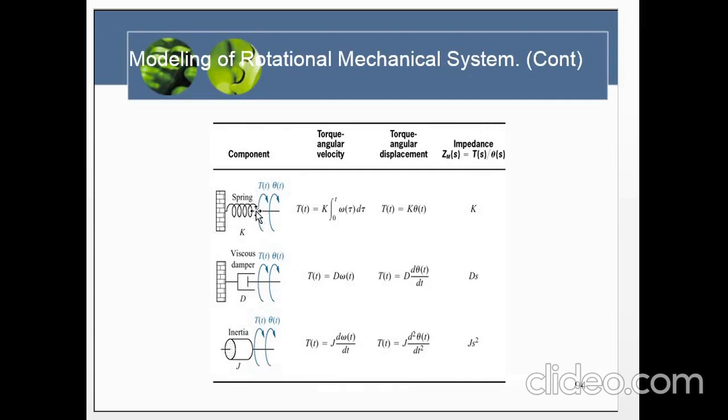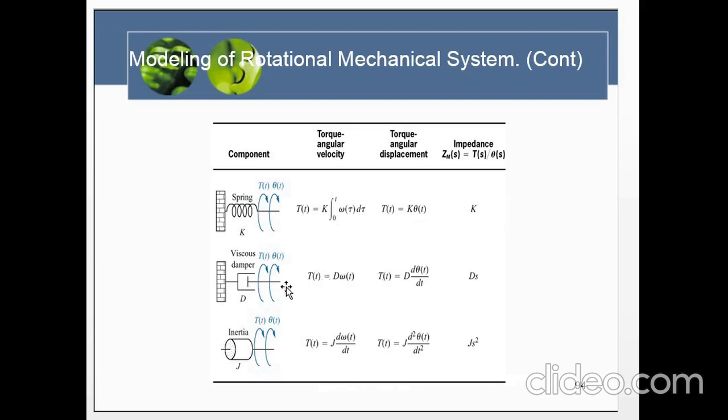Spring: there is torque T and theta, the position. For angular velocity, T equals K integral from 0 to t of omega dτ, and for angular displacement, T(t) equals K theta(t). K is the impedance.